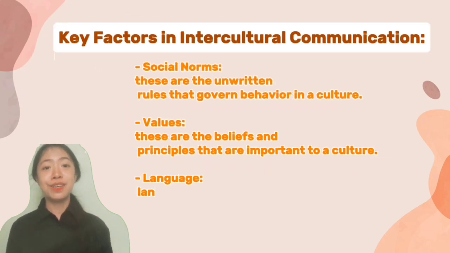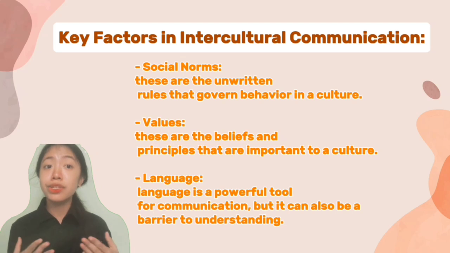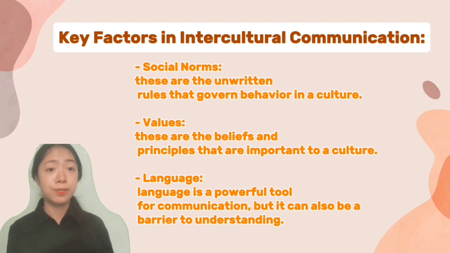Here are some key factors in intercultural communication, which are social norms, values, and language. Social norms are the unwritten rules that govern behavior in a culture. Examples include how people greet each other and show respect, and how they handle conflict.